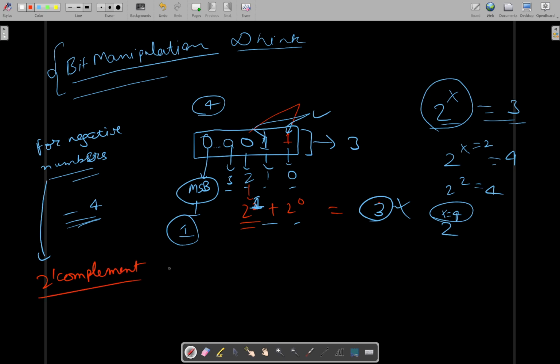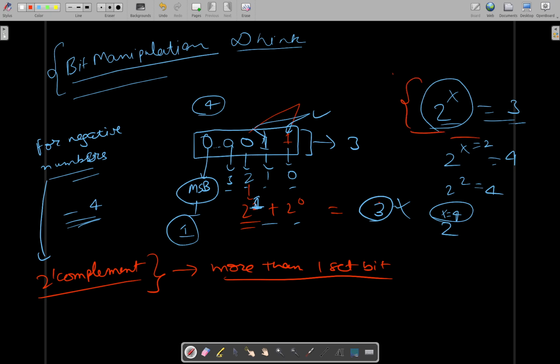And this representation will for sure have more than one set bit. So that's why we do not need any checking for how many set bits there are for a negative number. A negative number cannot be a power of 2.